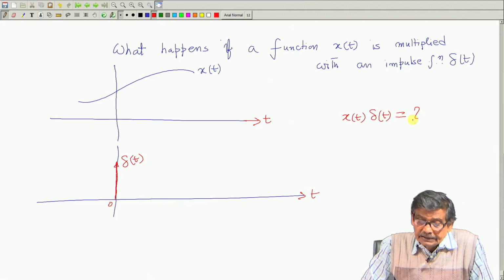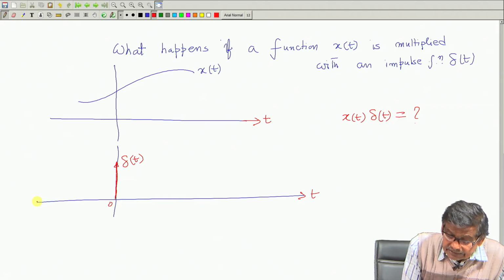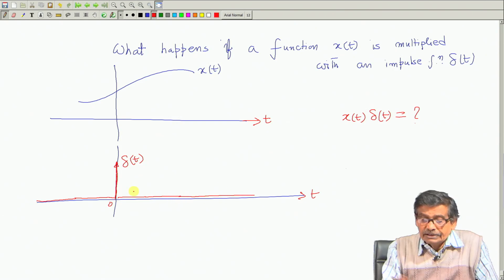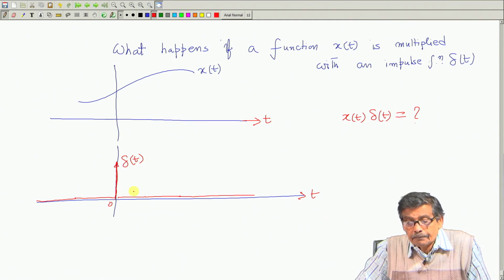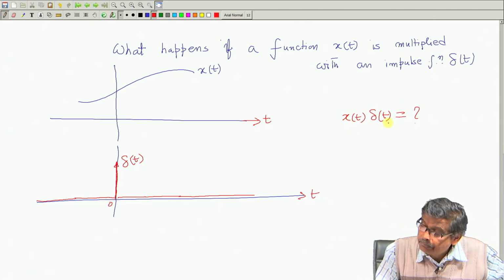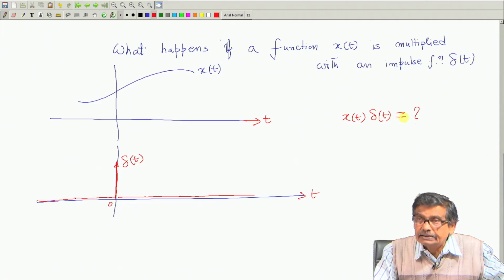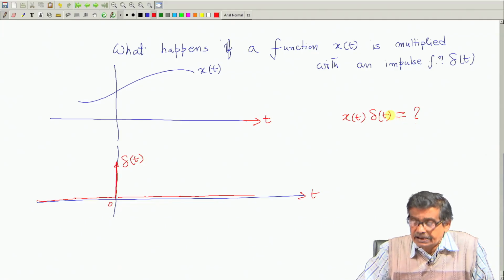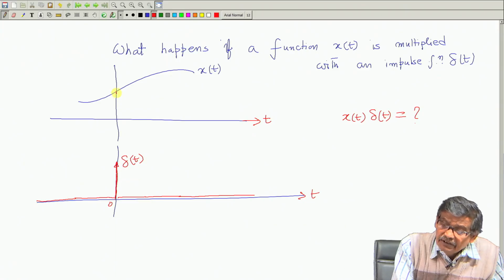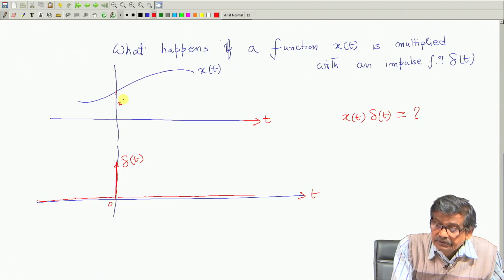Now, this delta(t) function, we know, was 0 for t less than 0 and it is once again 0 for t greater than 0. So, when you are multiplying x(t) into delta(t), what will you get? There is some finite value of x at 0 here. This is the value of x(0).